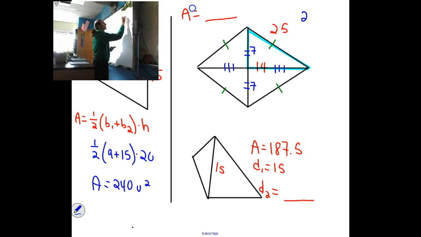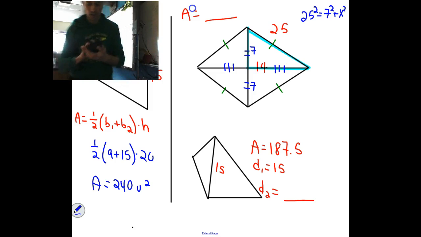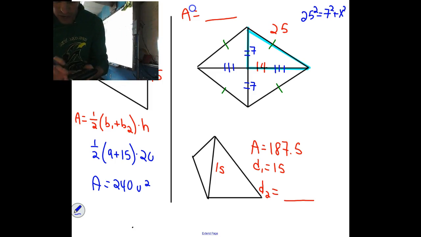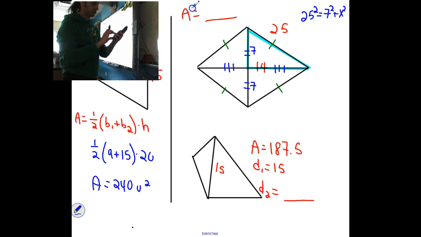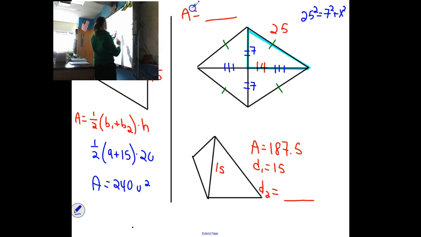So 25 squared equals 7 squared plus this length squared, right? And again on my calculator, the square root of 25 squared minus 7 squared, and I get 24. So this length here, let me use yellow, this is 24.